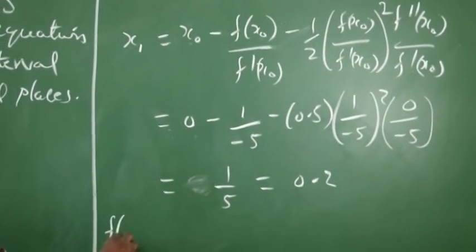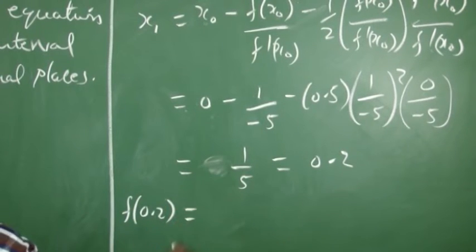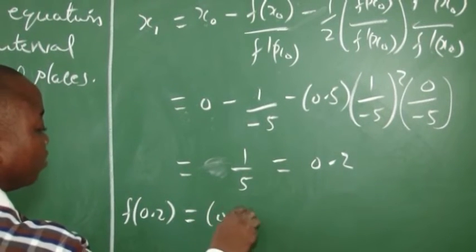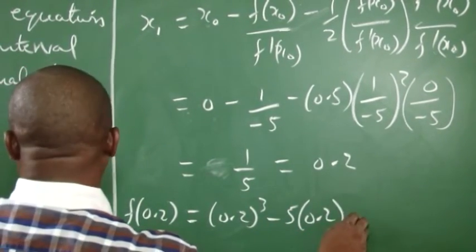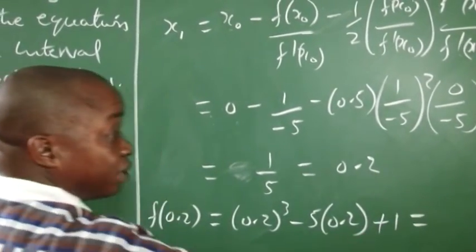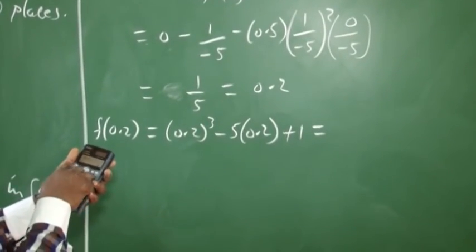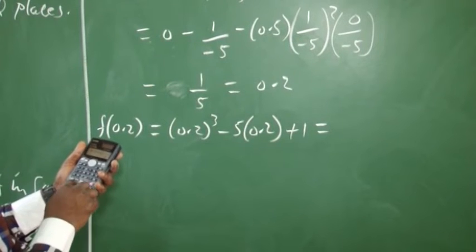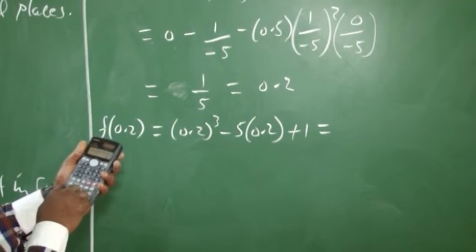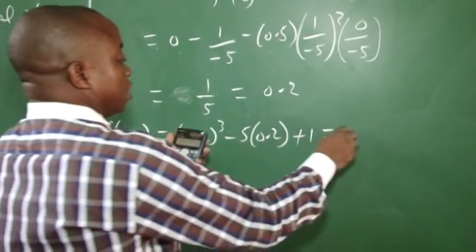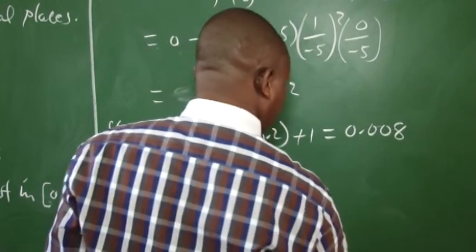Then you also need f of 0.2, that is f of x1. That will give us 0.2 cubed minus 5 times 0.2 plus 1. If we compute this, we'll have 0.008. Okay.